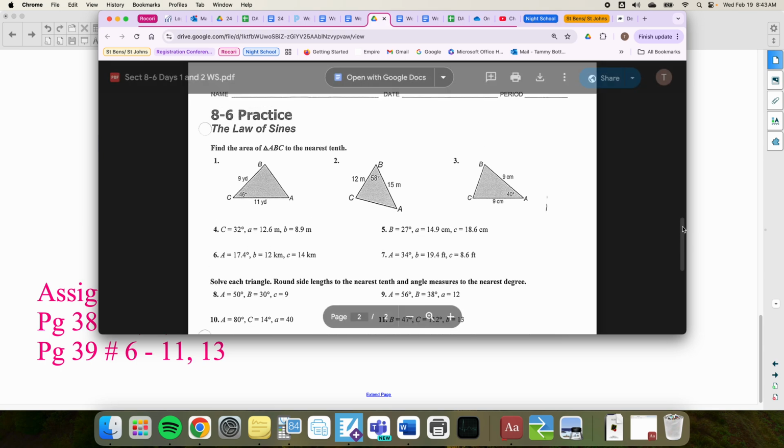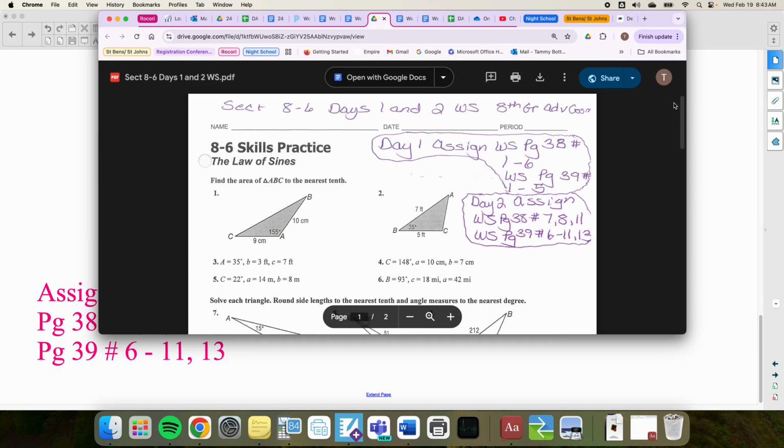And it says on the top of this, when you open it up, what to do for day 2. Okay, everybody understand? So on the top of your sheet, if you would write section 8.6 day 2 worksheet. Section 8.6 day 2 worksheet.